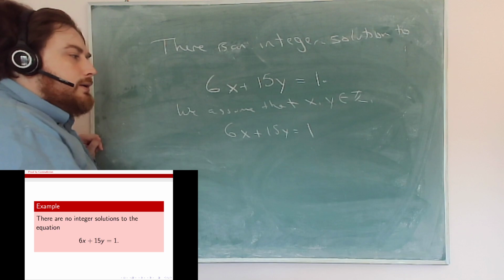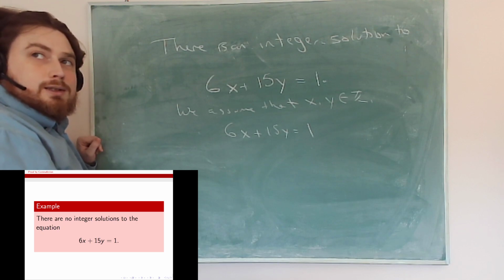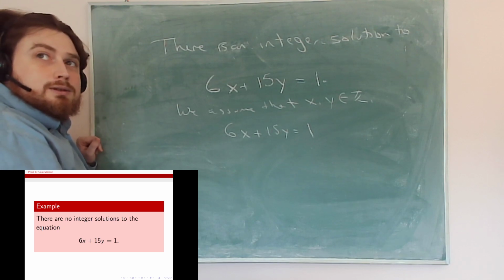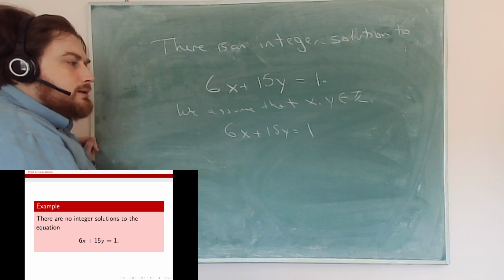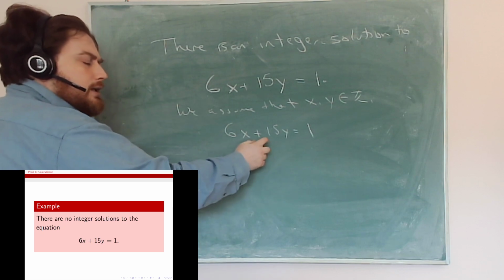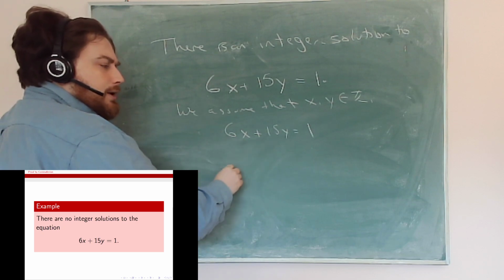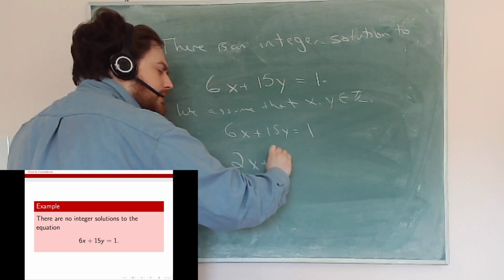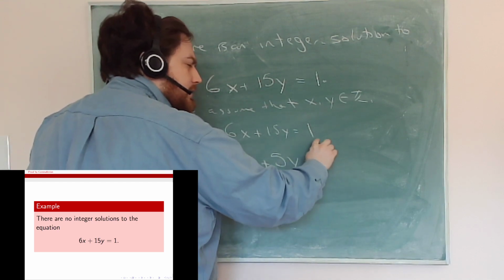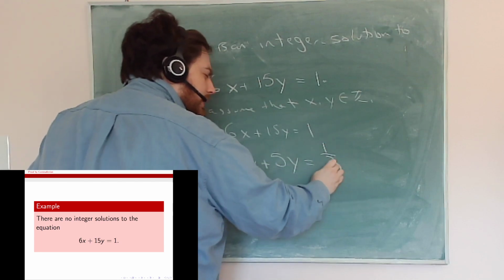Now, what I need to do here is to get a contradiction. I need to get something that's obviously false. So how would I get a contradiction here is, well, there's a couple ways. The first way that I would do is just notice that on this side, if I divide by 3, what I get is 2x plus 5y is equal to, and then on this side I'd have to divide by 3 and I'd get 1/3.